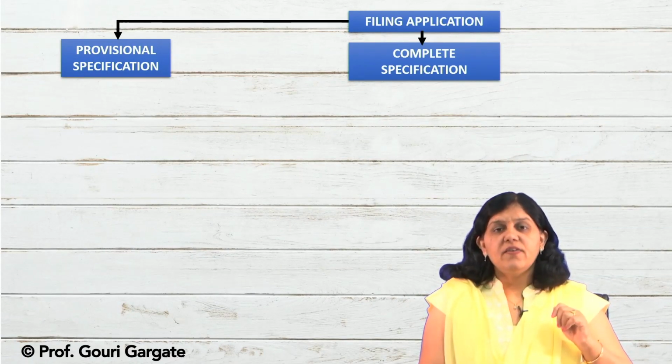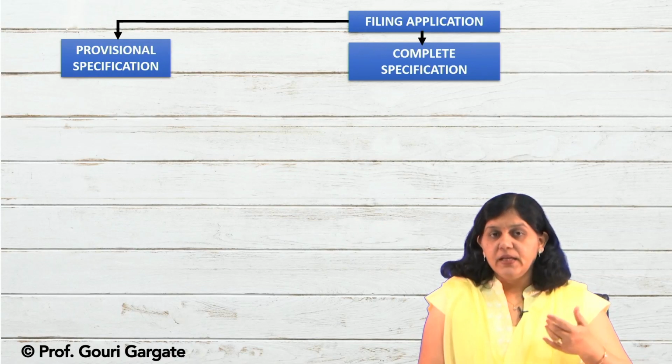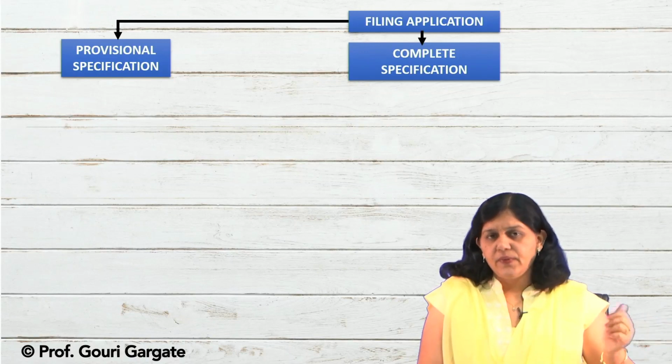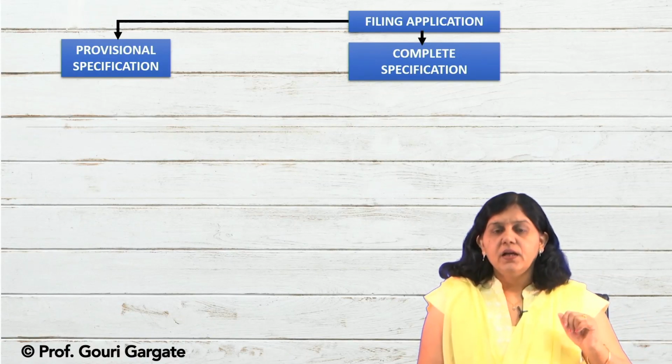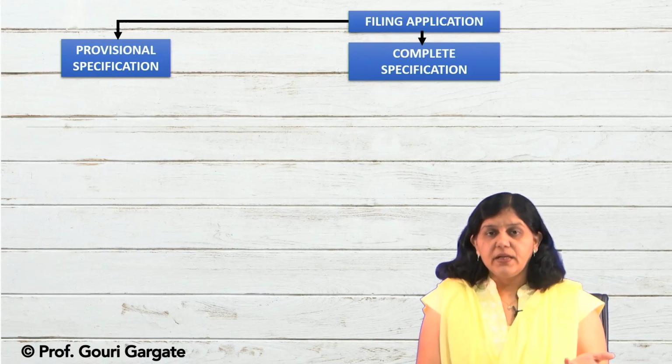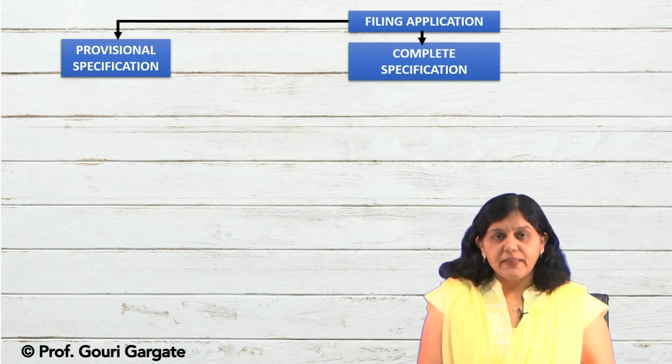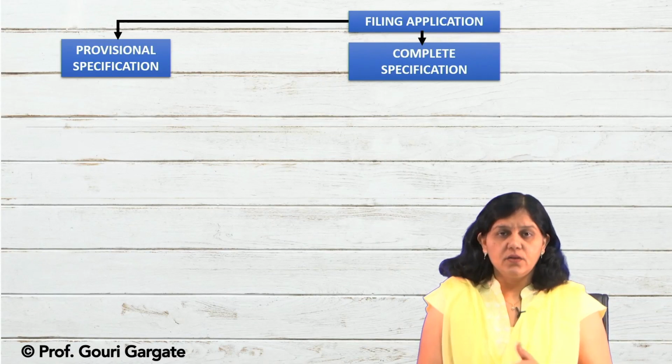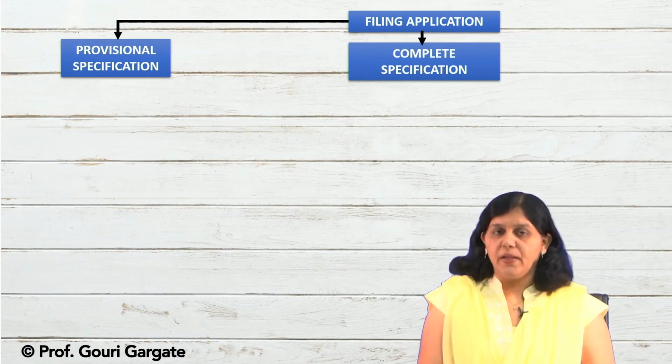He or she will file this specification in the respective patent office as per the jurisdiction. Here also, the applicant can visit the patent office and file the patent application. The other way is that he or she may take help of a patent agent or patent attorney, and they can do the work on behalf of the applicant.